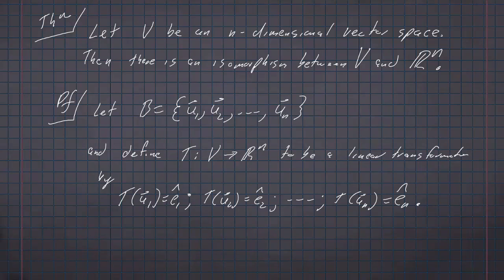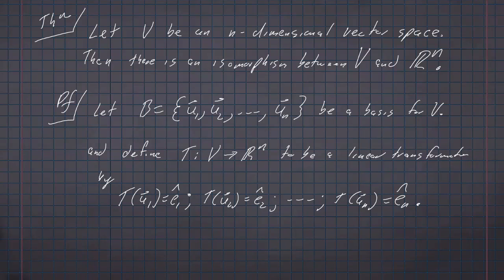Let's define a basis for vector space V. Since we said that V is n-dimensional, that means its basis has n vectors in it.